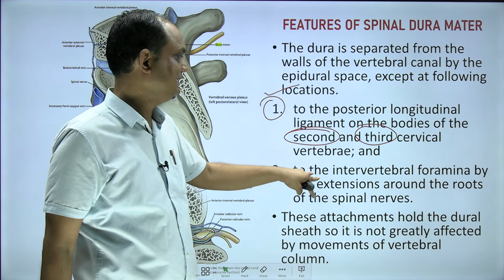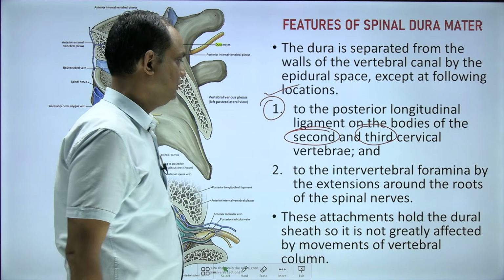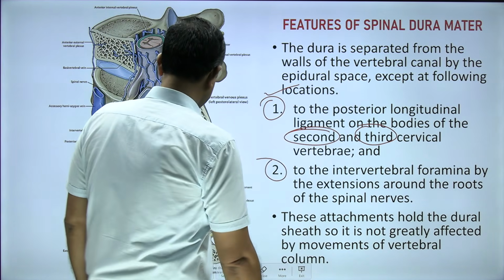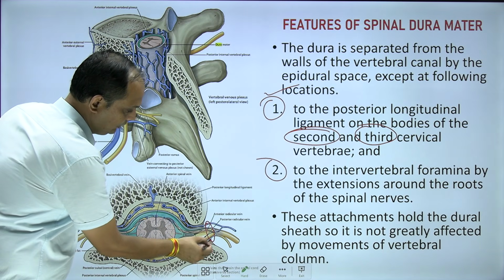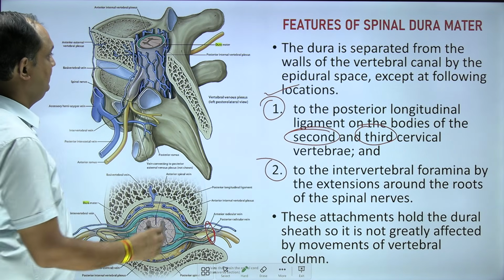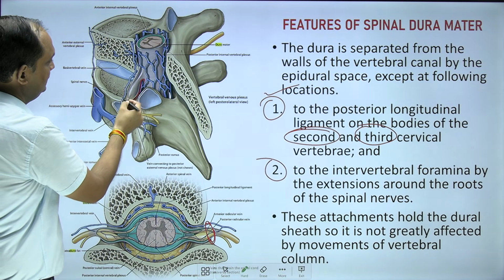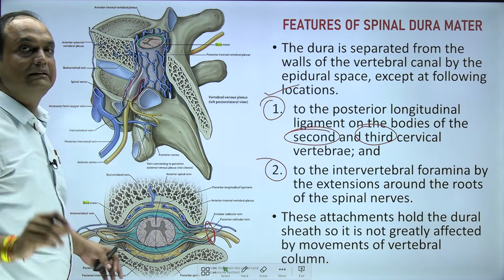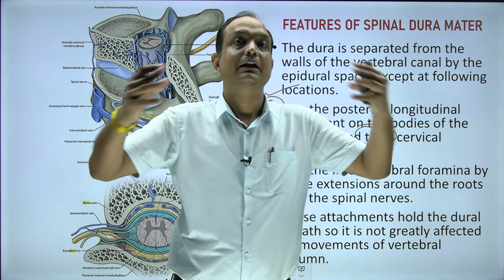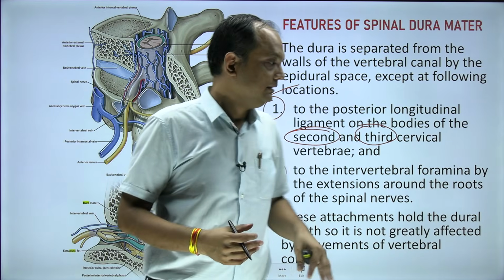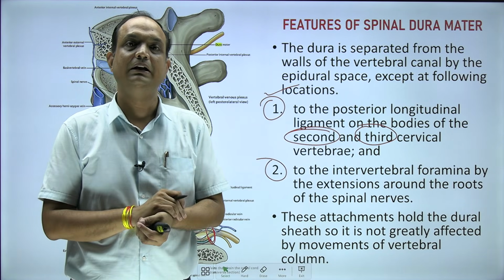And the second thing is at the intervertebral foramen, by the extension around the root of a spinal nerve. Here you can see these are the intervertebral foramina, and in them you will find this is the extension of the dura. So this is again a question for your exam: the dura mater extends laterally around the root of the spinal nerve.